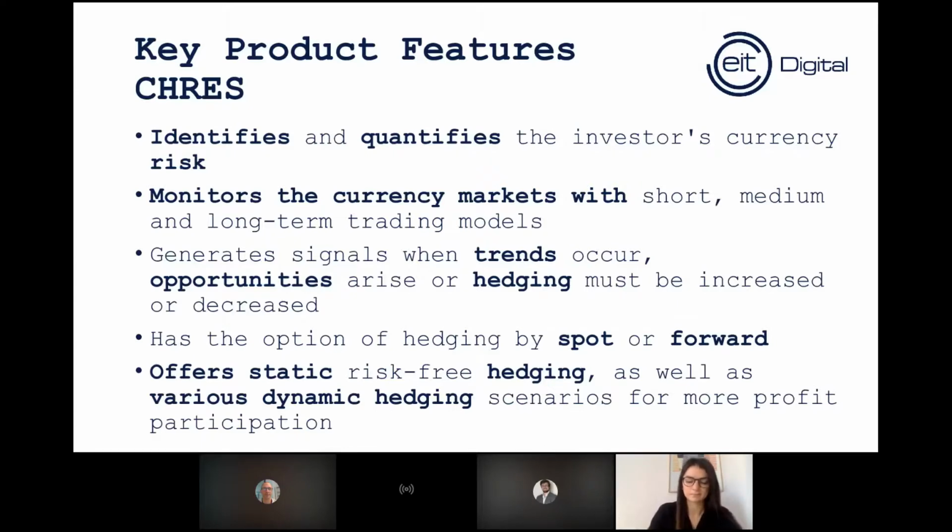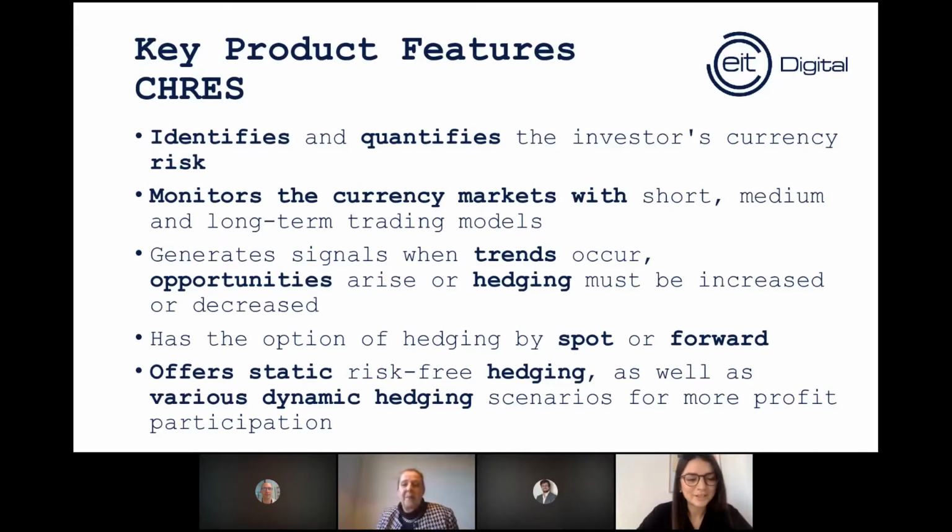There's also the option to choose between instruments for hedging, either spot currency markets or forwards. And finally, CHRES also offers static risk-free hedging, as well as various dynamic hedging scenarios for investors who want to also gain a little bit more profit and participate in the market movements. So thank you. This was the end of my presentation, and I'm here to answer any questions.